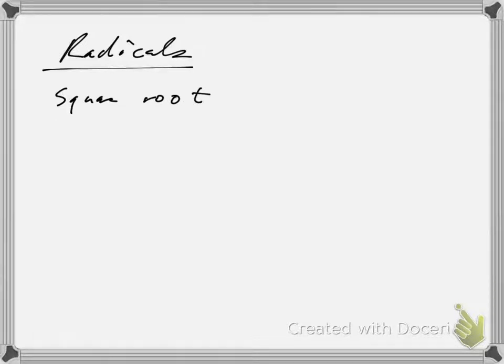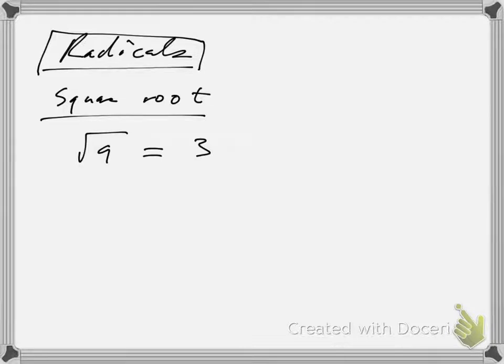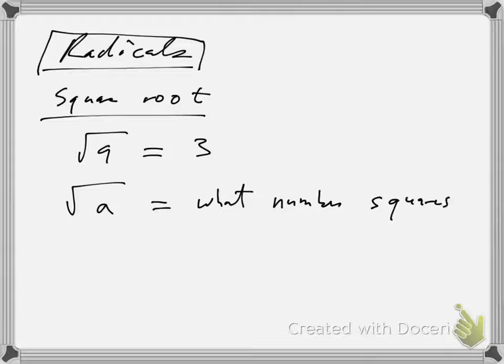Okay, the square root of 9, we all should know this is review, is 3. When generally asking for the square root of a, you're trying to find what number squares to get a.